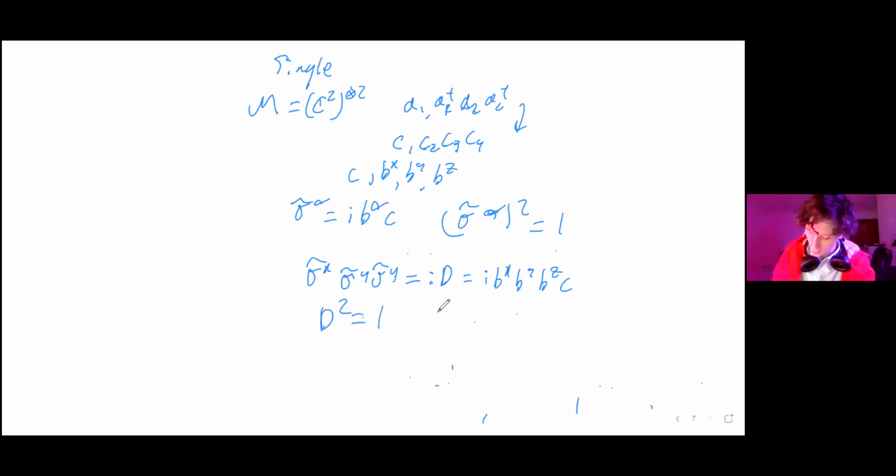So what we can do is look at the subspace, I'm going to put a hat on this retroactively, of this where D equals the identity. Right? Because D squared equals 1, so D has eigenvalues plus and minus 1.